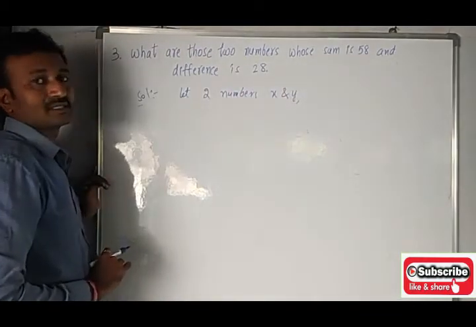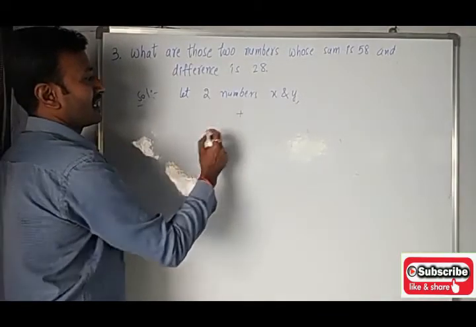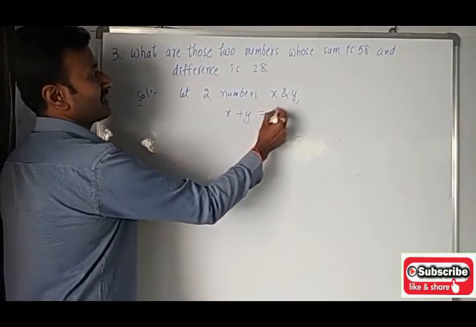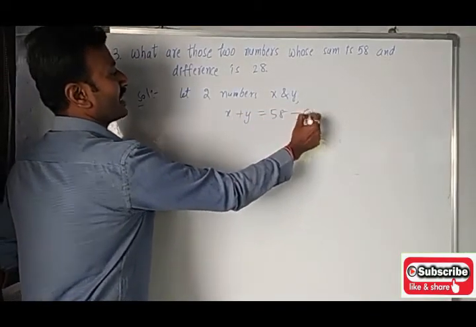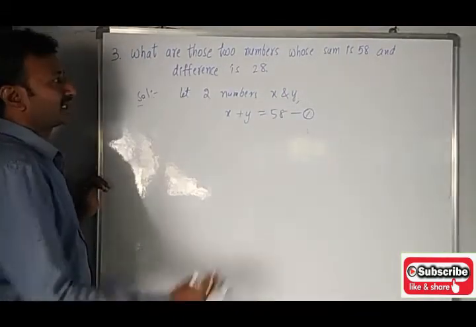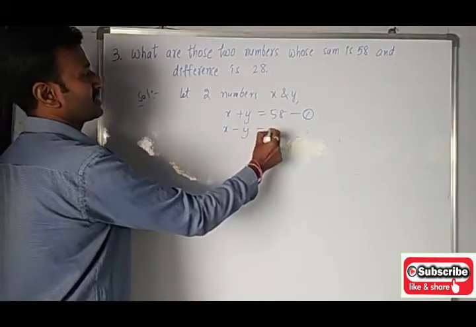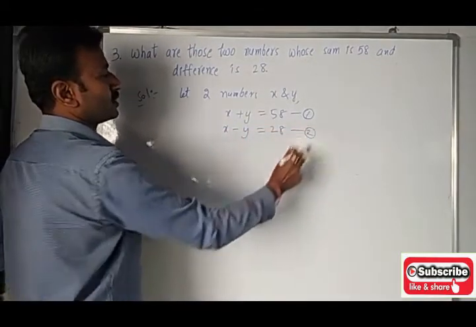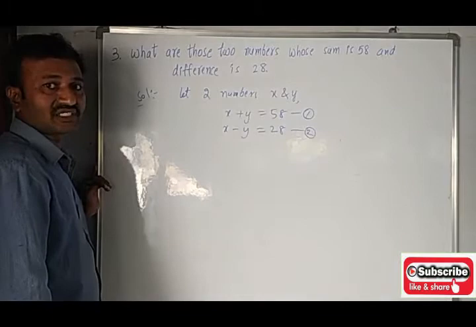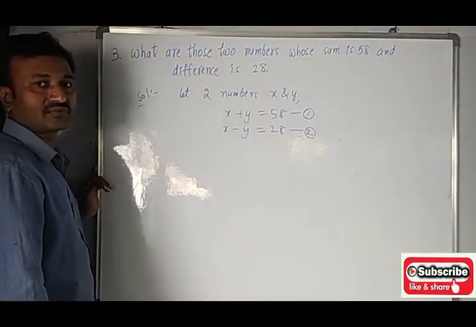What is their sum? Sum means plus. So x plus y is equal to 58 according to the first condition, and according to the second condition the difference is 28. X minus y is equal to 28.